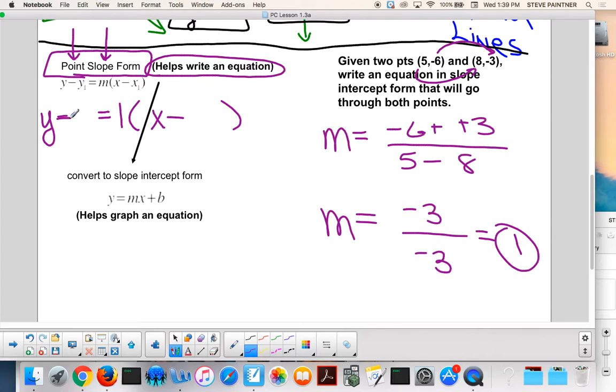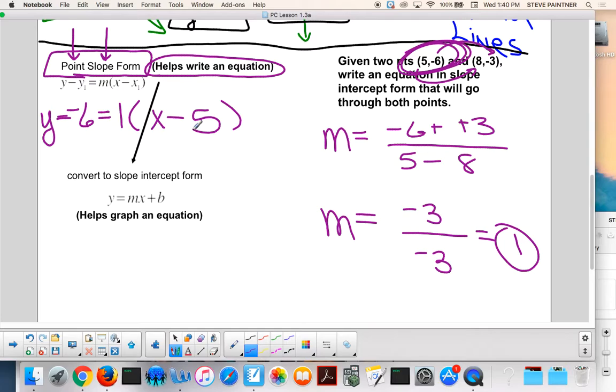Which point do you want to work with? 5, -6. Since Hunter told me 5, -6, I'll go with it. Y minus -6. X minus 5. That is the equation through those 2 points.